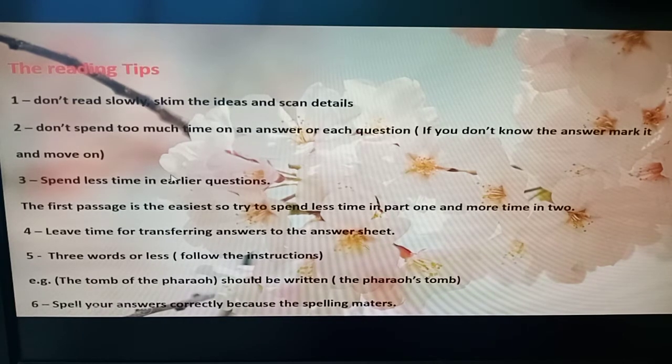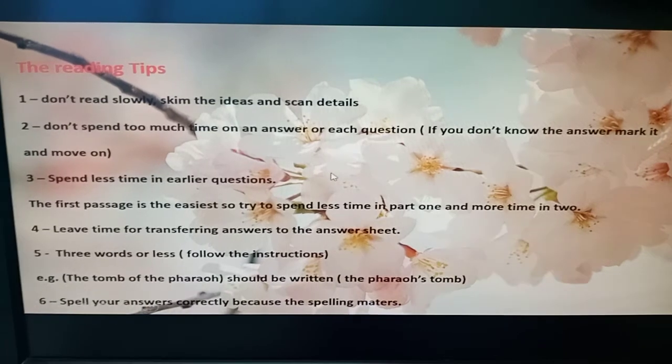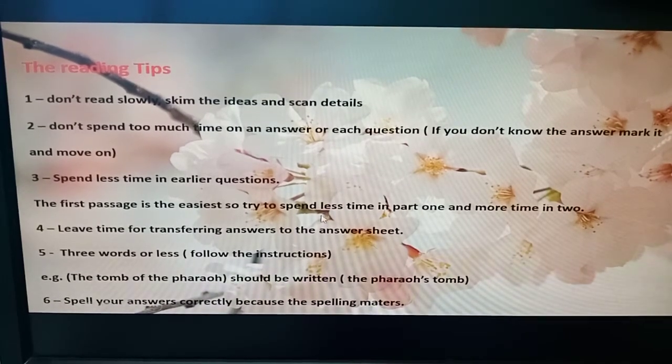For example, if you didn't find the answer to question number 2, don't keep thinking or waiting. Make a mark beside the question and move on to the next question, and then the next. Then after you finish the exam, if there is extra time, you can come back and answer the questions that you didn't find answers to.